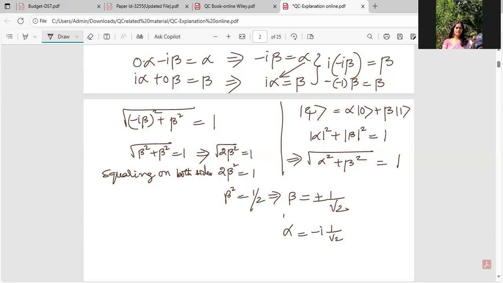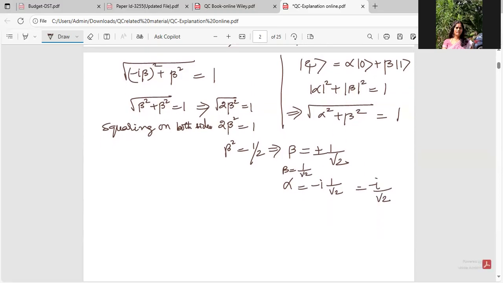If I am taking beta is equal to 1 by root 2, then alpha would be minus I by root 2. I can go with the other version as well. It depends on where you are measuring. As I may mention in the initial introductory videos, depending on the state of measurement, the values would be considered.